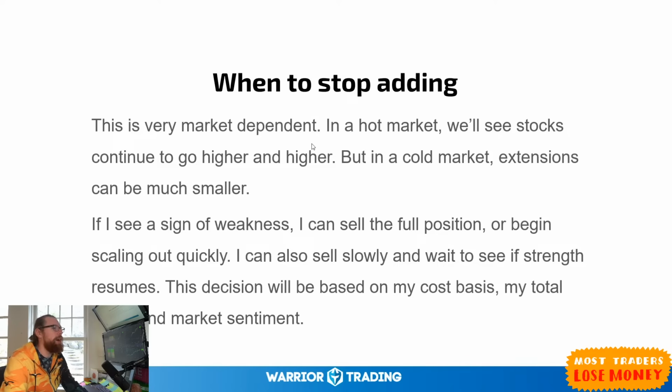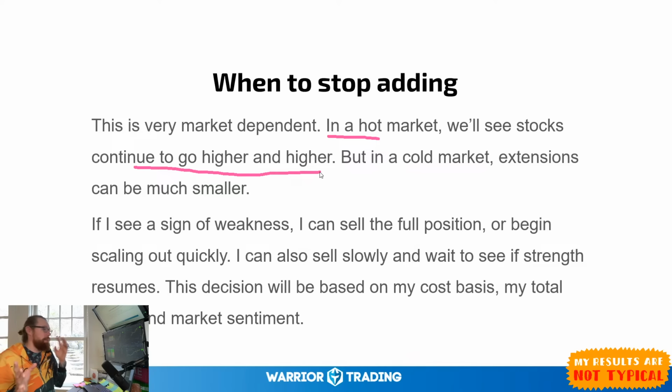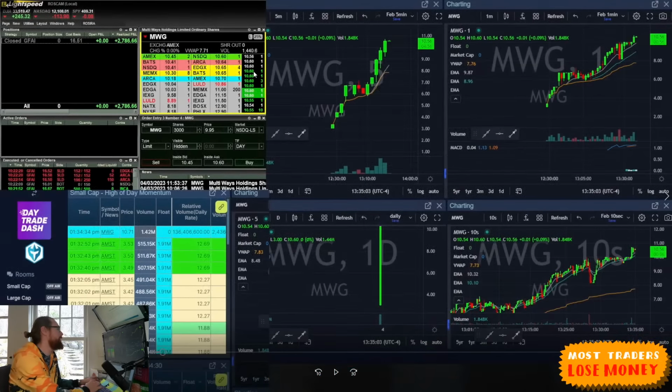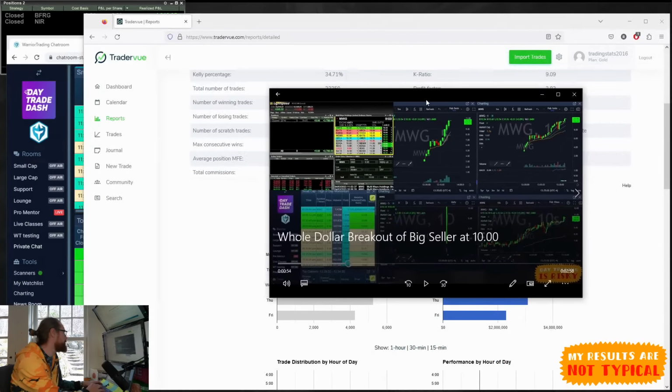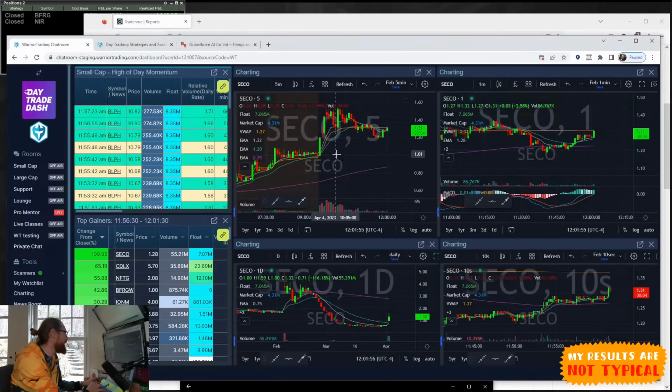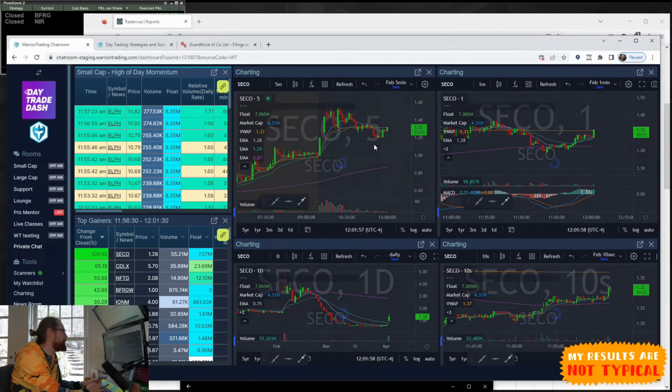This is going to be very market dependent. In a hot market, we'll see stocks continue to go higher and higher and higher. I'm not even kidding. Just as an example from last year, we had HKD, a Chinese IPO stock.